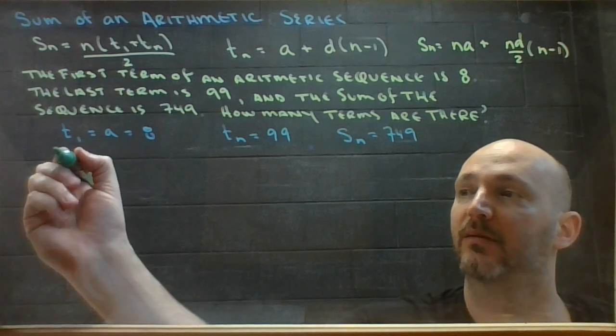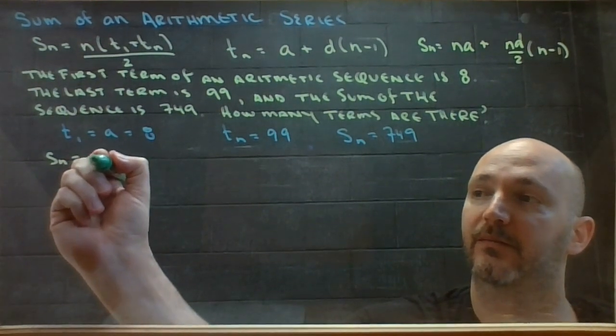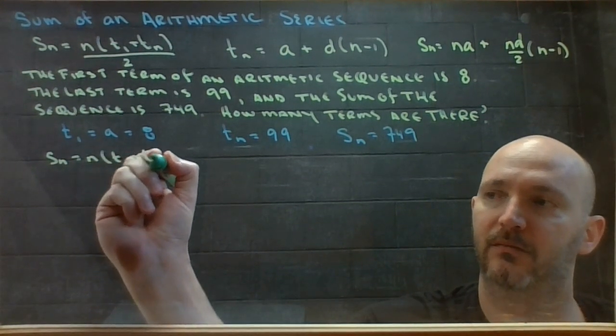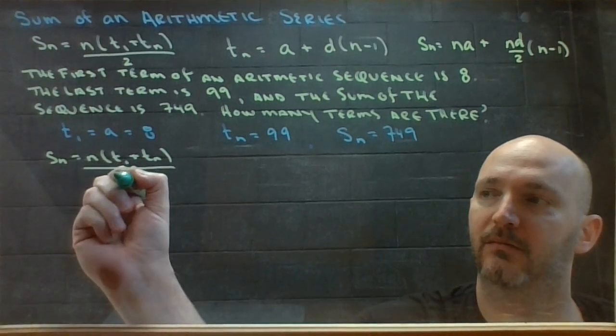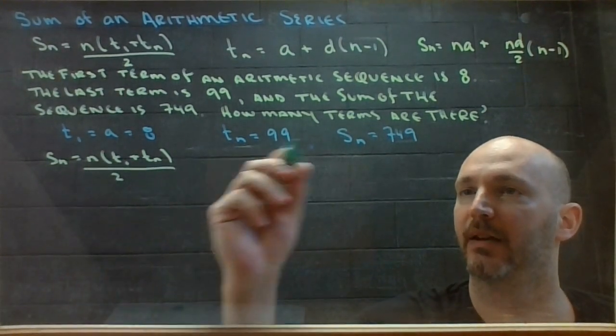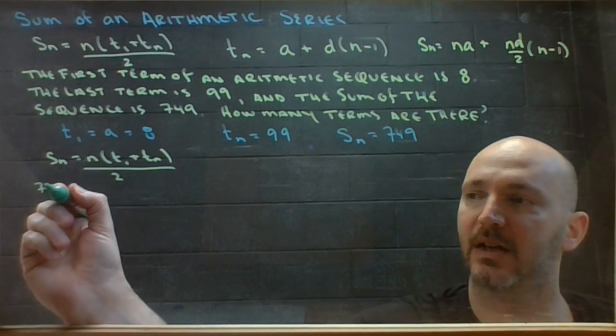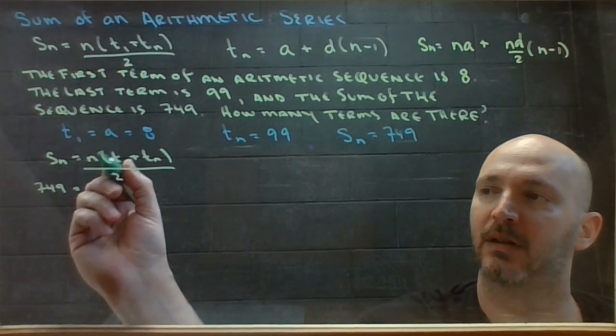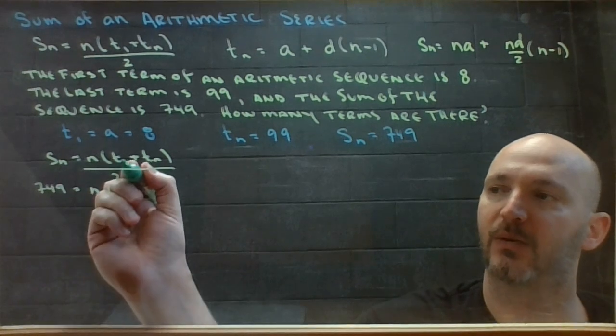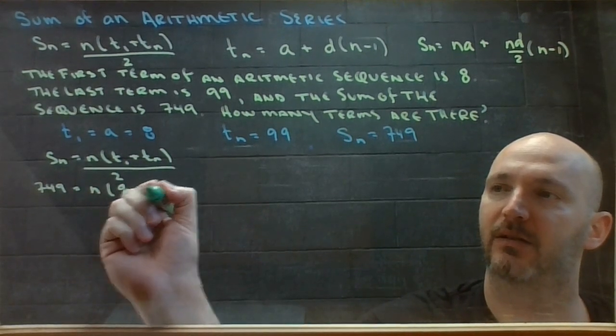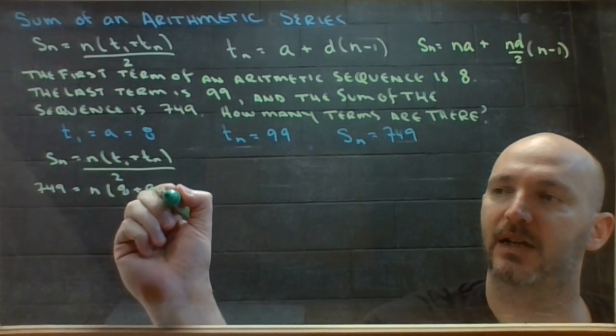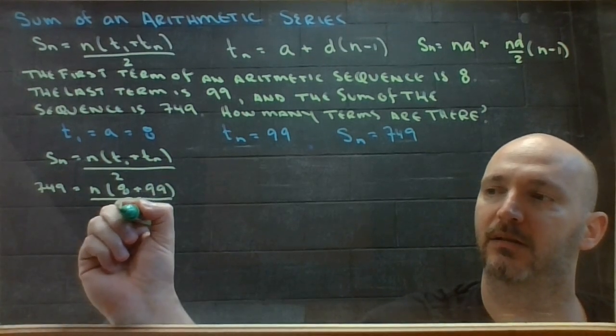So I'm going to start with my formula. Right, and my sum is 749. The number of terms I don't know. Term 1 is 8. Term n is 99, multiplied by 2.